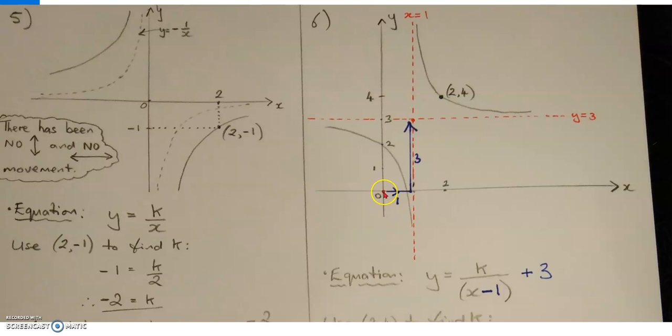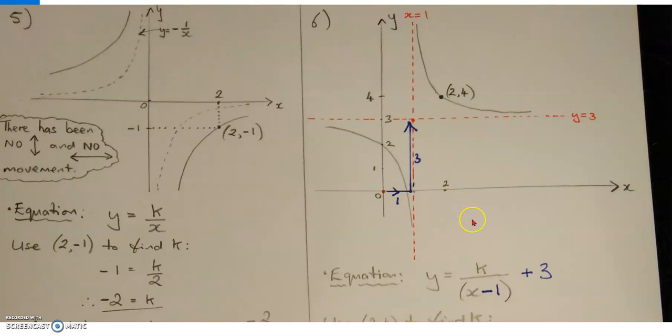If I moved that origin up to there while the curve stayed where it was, the curve doesn't move, just the axes. So the axes would move like that up to there. In other words, your axes have moved 1 unit in the positive x direction and 3 units up in the positive y direction.